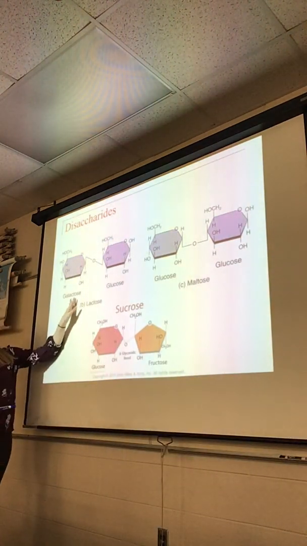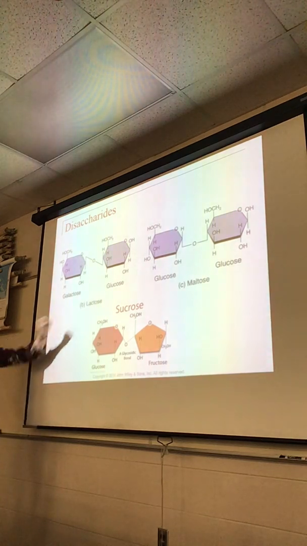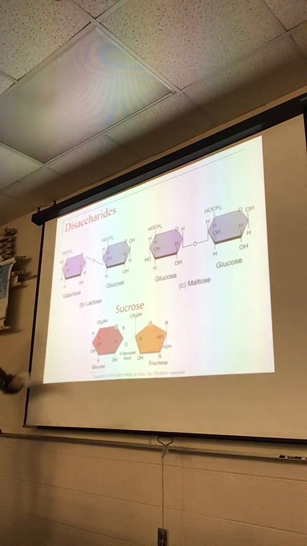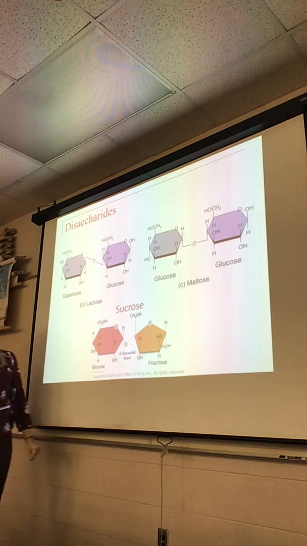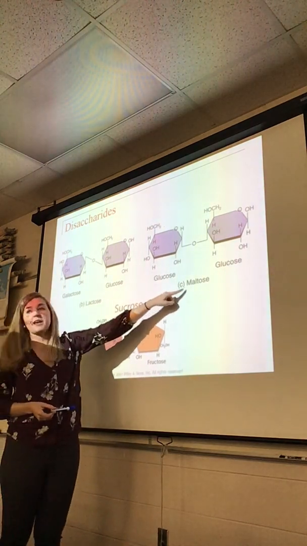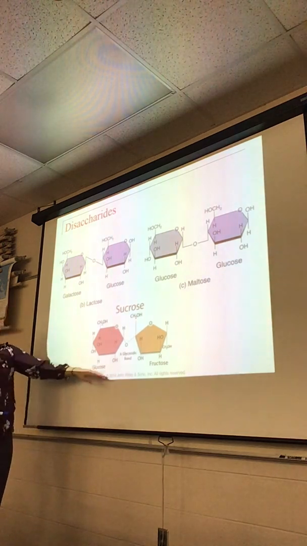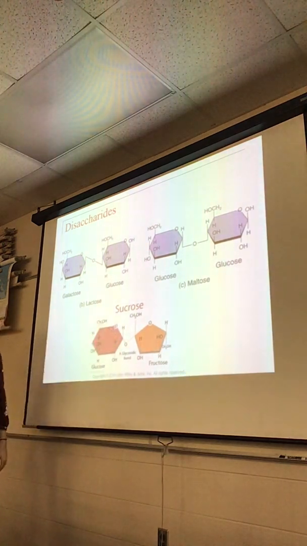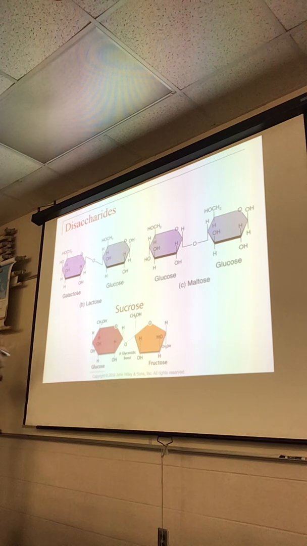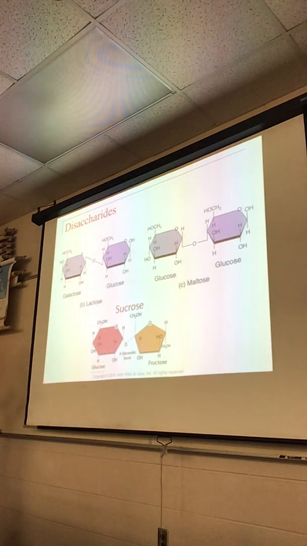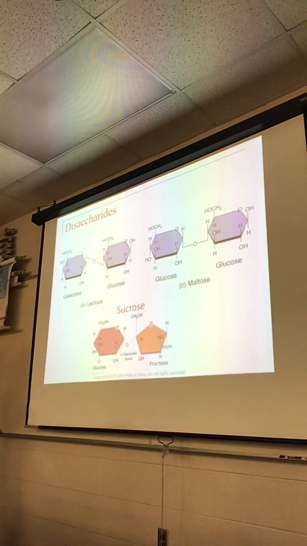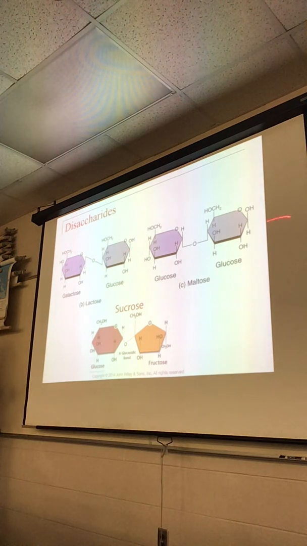So if you get galactose plus glucose, they make lactose, which is in milk, right? If you get glucose plus glucose, they make maltose. If you get glucose plus fructose, they make sucrose. So what is important about this slide? Well, I'd recognize the names maltose, sucrose, and lactose, but you don't have to know exactly what two monosaccharides make them up.